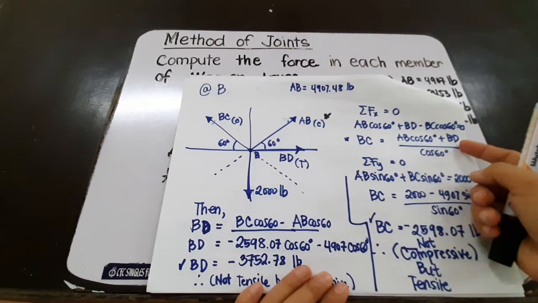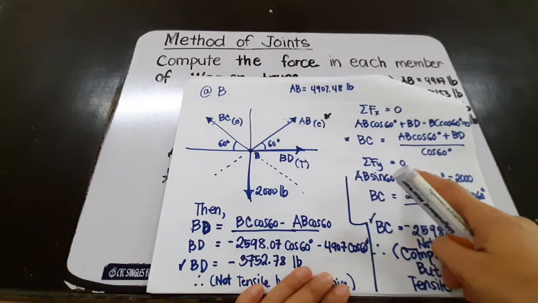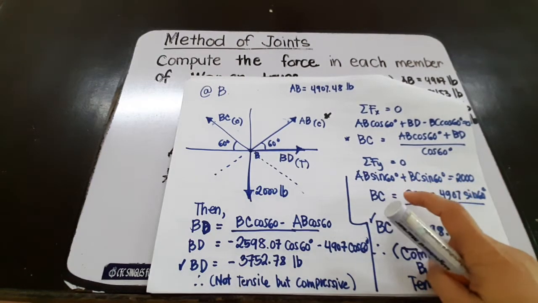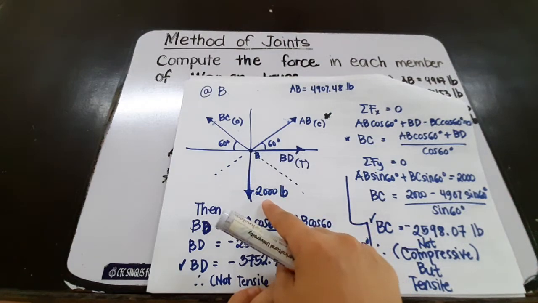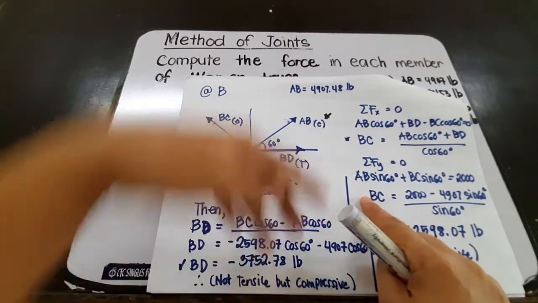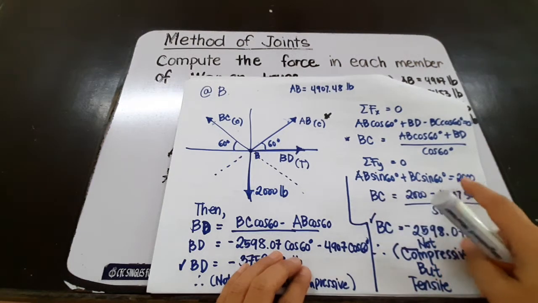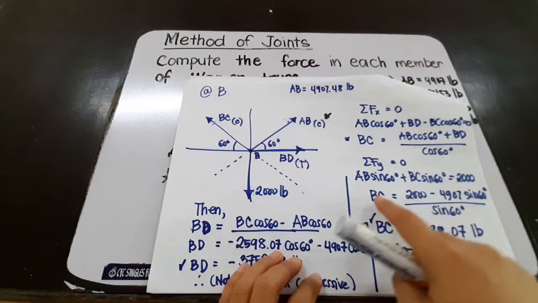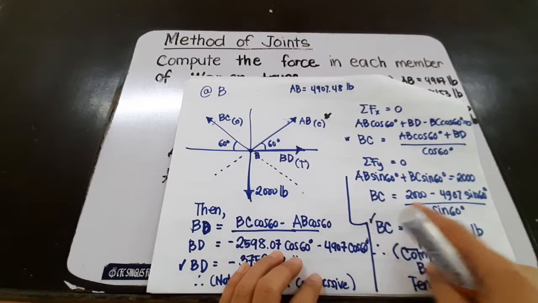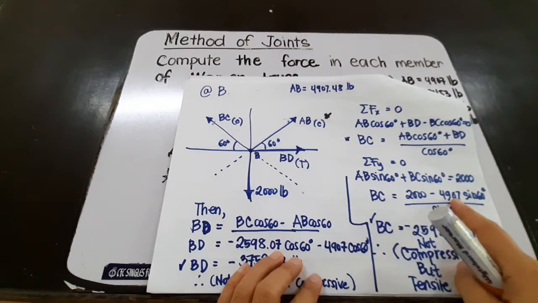The next thing is we solve for the summation of forces along the y-axis, which is equal to 0. We have AB, BC, and 2,000 pounds. So upward is equal to downward. So I have AB sine 60 plus BC sine 60 equals 2,000. Manipulating this one, BC is equal to 2,000 minus 4907. Why 4907?